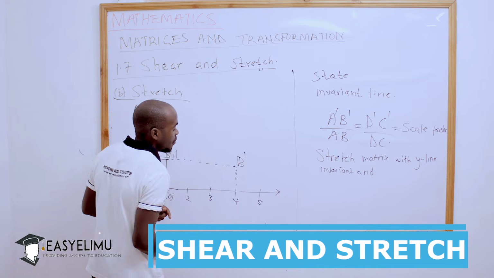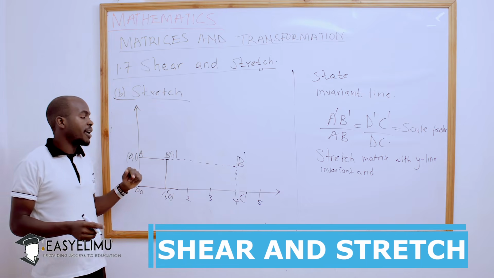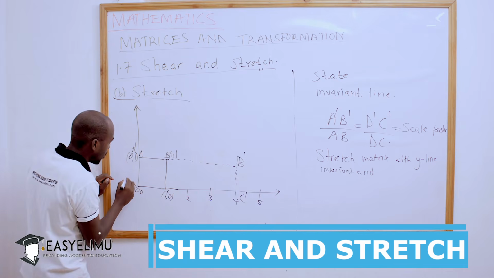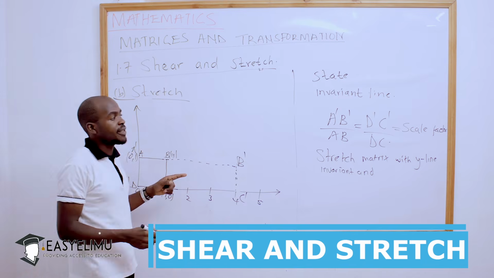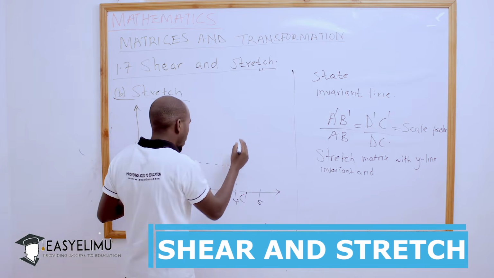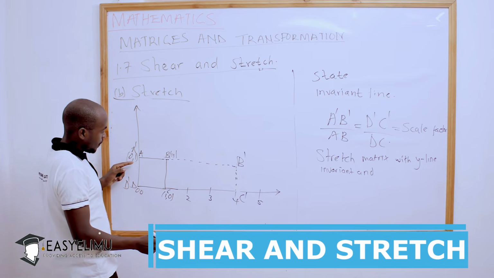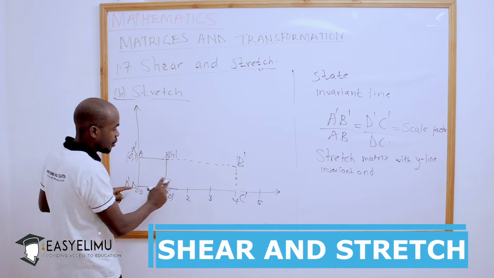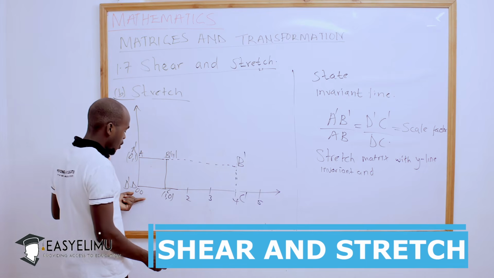For this instance, we shall find the points which varied. Here we have B', here is C'. The point B varied from B to B', but A and A' remain the same. So if we need the scale factor, we shall take A'B', from this point to that, which is 4.